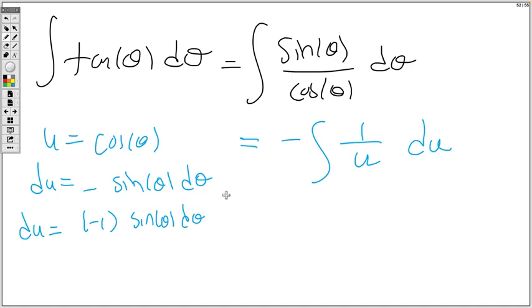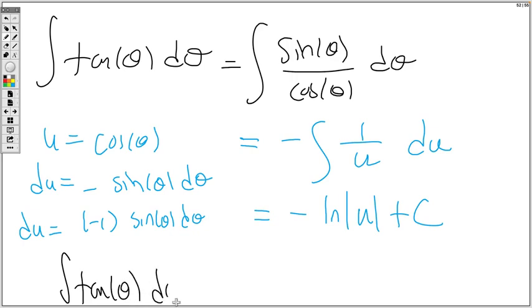And now this is one of our new formulas. And we talked about this on Thursday. In order to capture all values of u plus and minus, we need absolute values. And so there it is, the integral of tangent.